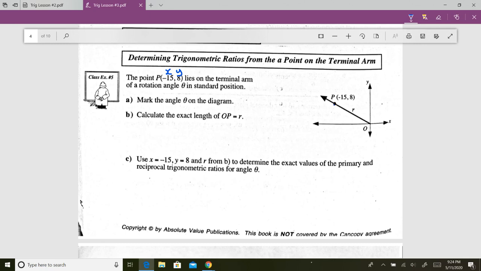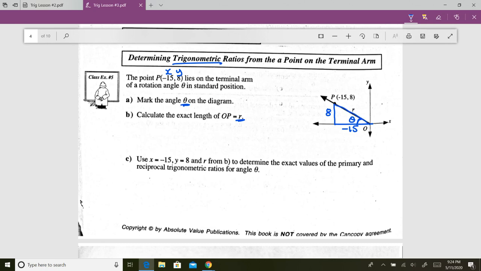There's the point negative 15, 8. This is trig, which means we want triangles. And since x always comes first, that's my x, negative 15, and there's my 8. This angle there, the reference angle, is theta. Okay? First thing, calculate OP, basically saying calculate R. I want to know this.